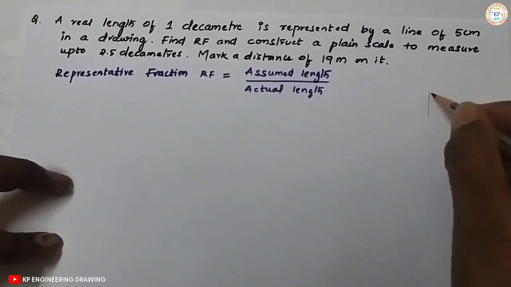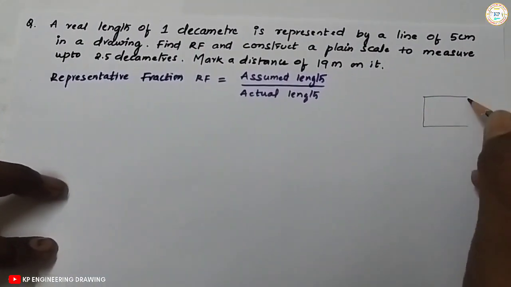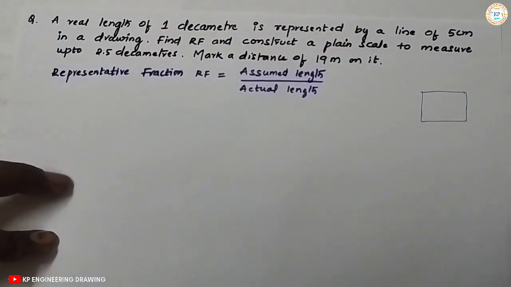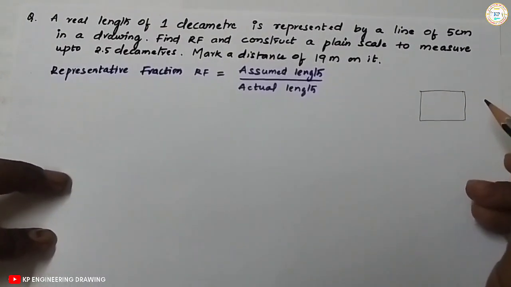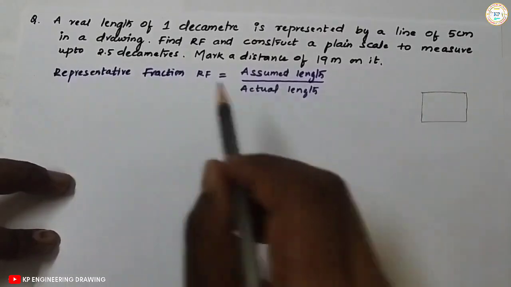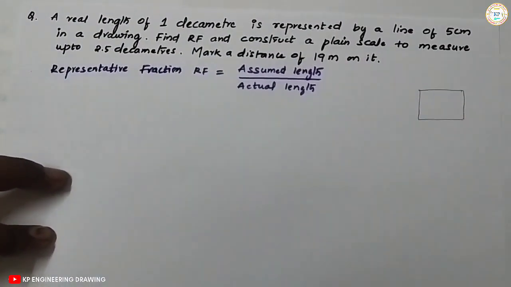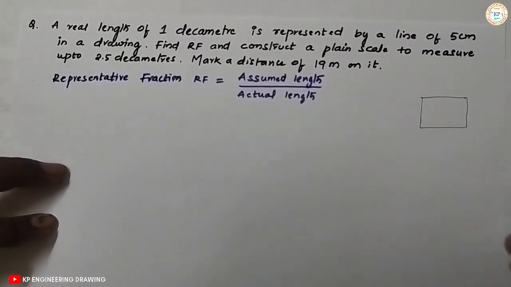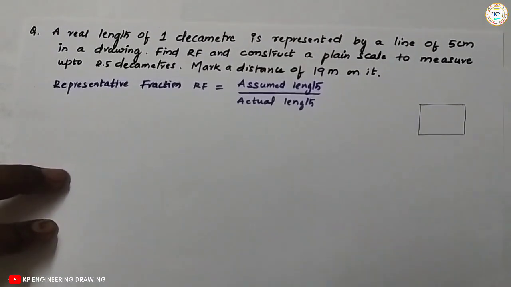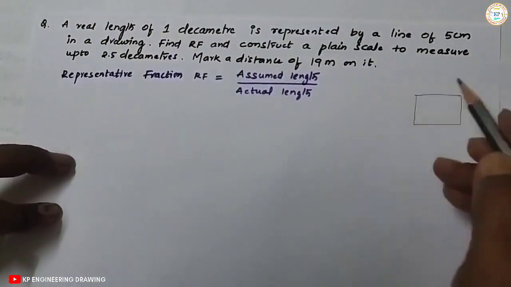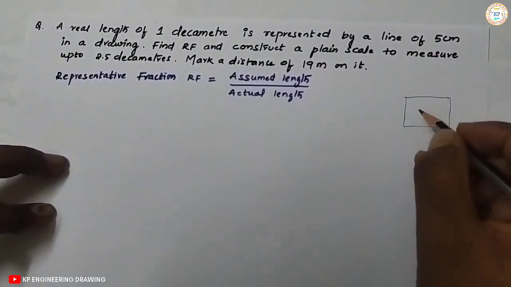So if you take a sheet, and if we want to represent the decameter with a 5 centimeter line, we can represent this 1 decameter by a line of 5 centimeters in this way.